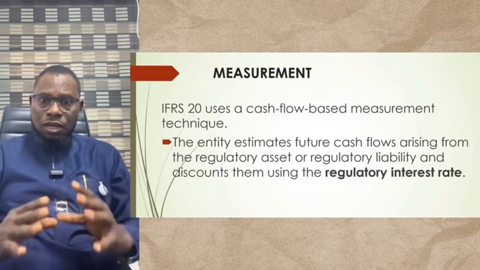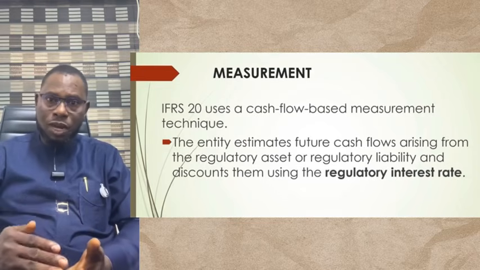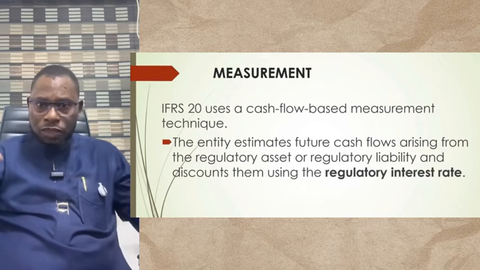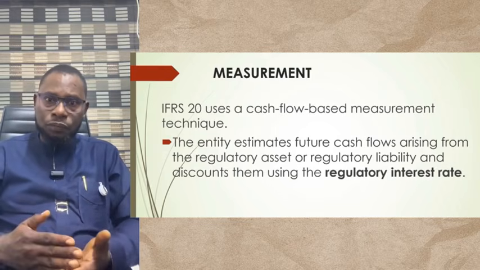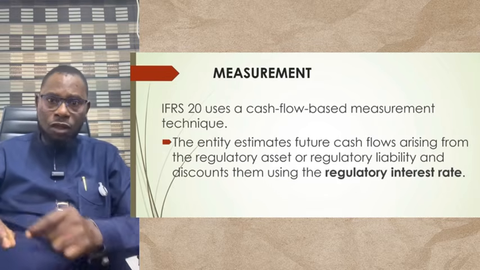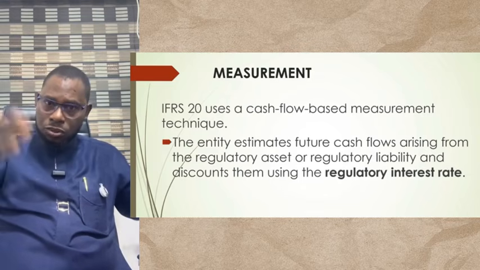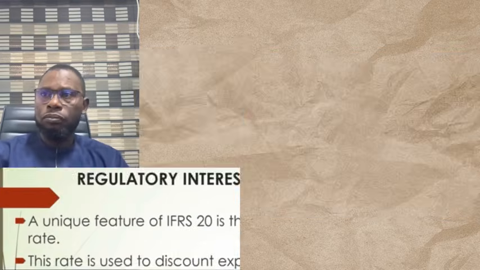And I told you it follows the same pattern for arriving at rates. So usually it is the weighted average cost of capital. So many factors will be taken in, but however it is done, it is to make sure that the company is compensated for that period that it is waiting. So you discount it because of the time value of money.